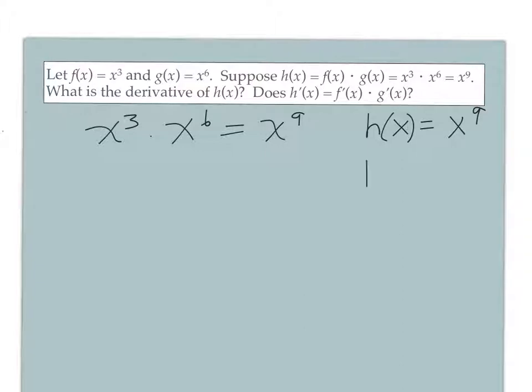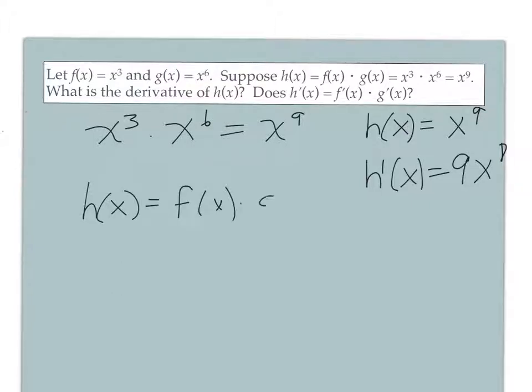So h prime then would be what? 9x to the power of 8. Okay, now, since we know that h is just f times g, which is x cubed times x to the power of 6, would it work to take the two derivatives and multiply them together? Let's try it.